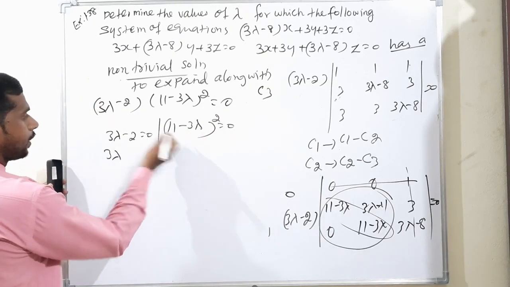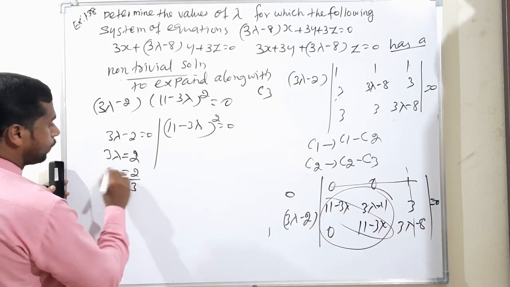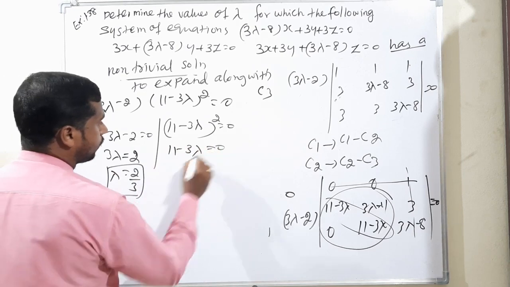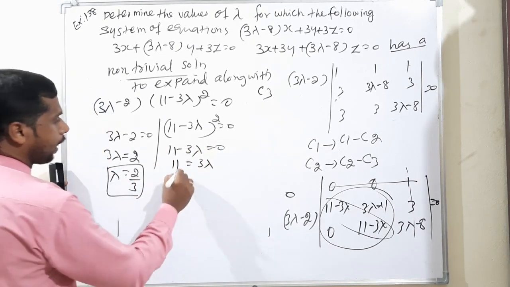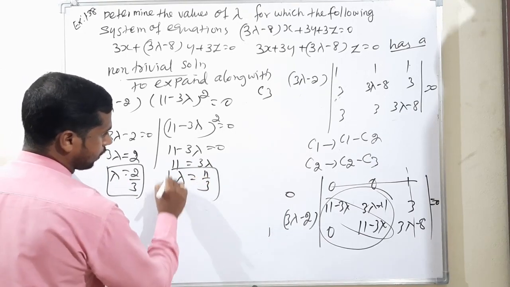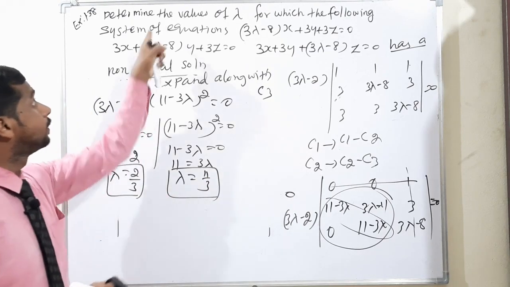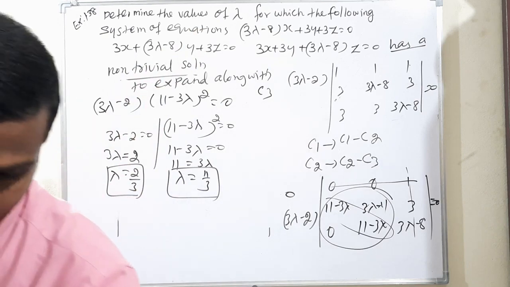So 3 lambda equals 2, therefore lambda is equal to 2 by 3. Second condition: 11 minus 3 lambda equals 0, so 11 equals 3 lambda, therefore lambda is equal to 11 by 3. This is our final answer, because to determine lambda we have 2 different solutions.